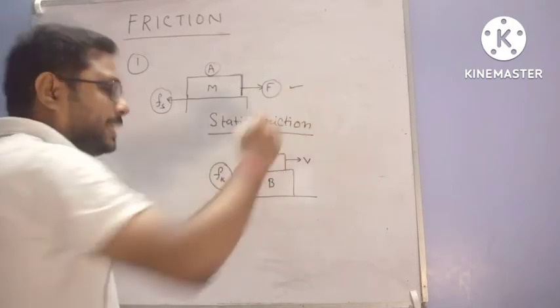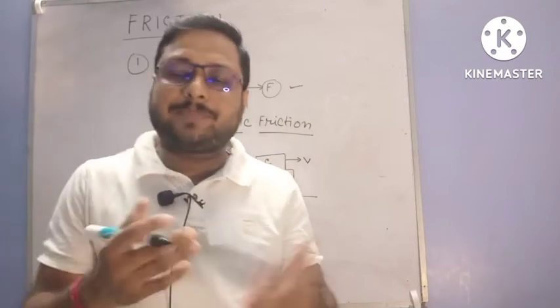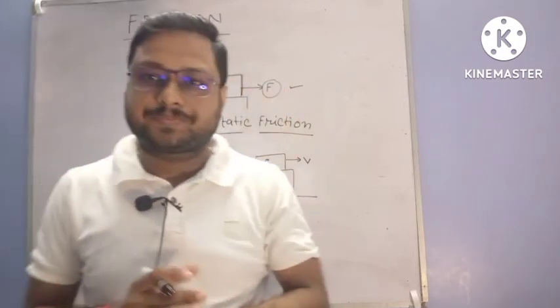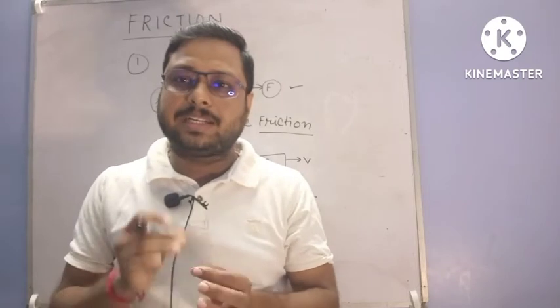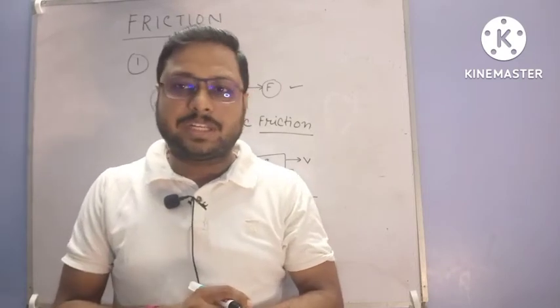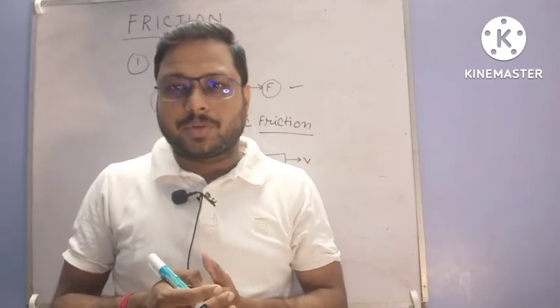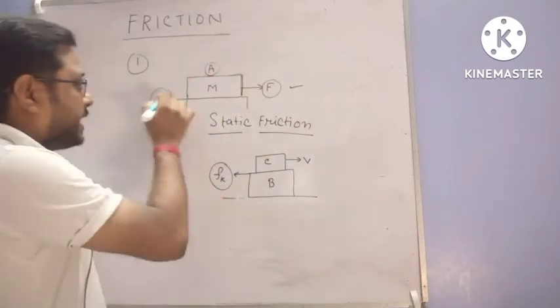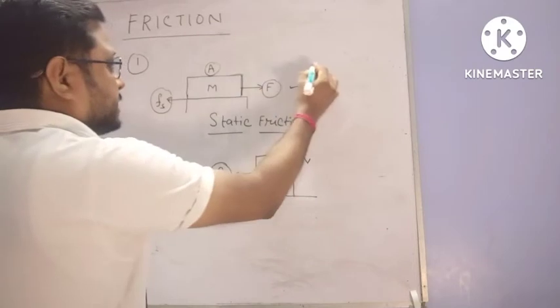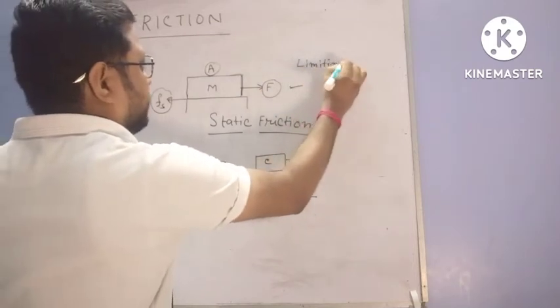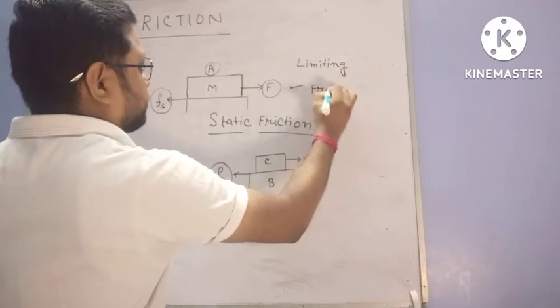For static friction, the friction force automatically increases with the external force, but there is a certain limit. It cannot increase infinitely. The limit of static friction is called limiting friction.